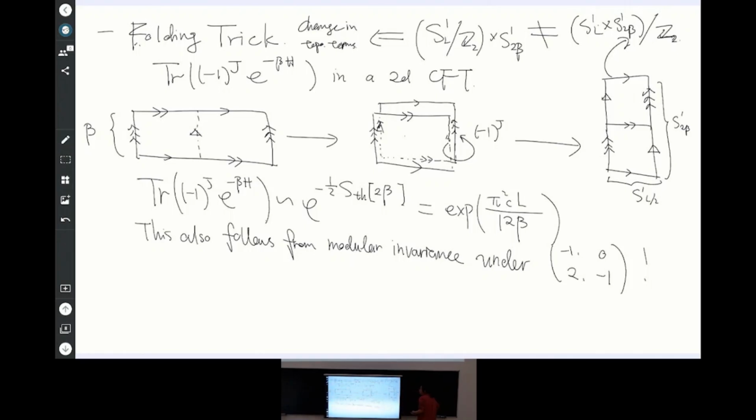Exactly. So basically what happens is that if you have fermionic theories, you can, a priori, have two different types of boundary conditions along the thermal circle, the periodic one and the anti-periodic one. So what happens here is that the folding trick sometimes would mix the two different spin structures. Because, for example, if I start with an anti-periodic boundary condition here, I stack two anti-periodic loops together, I would end up having a periodic spin structure.